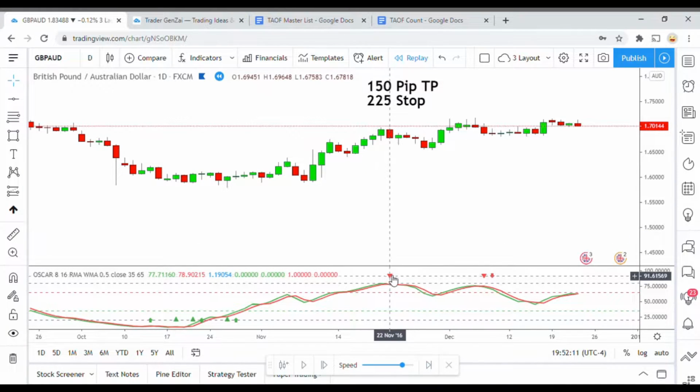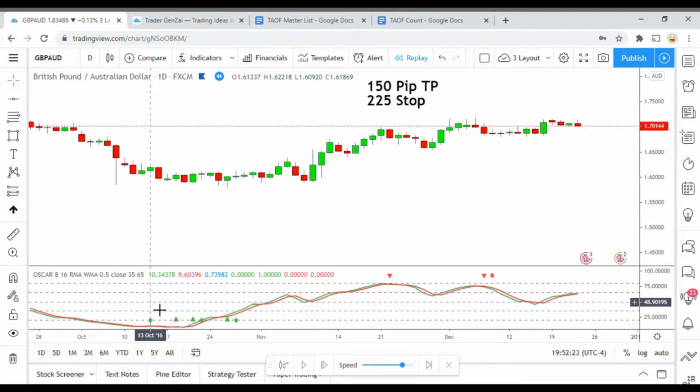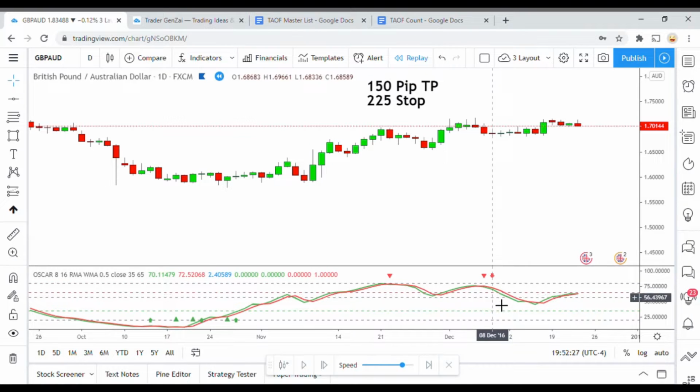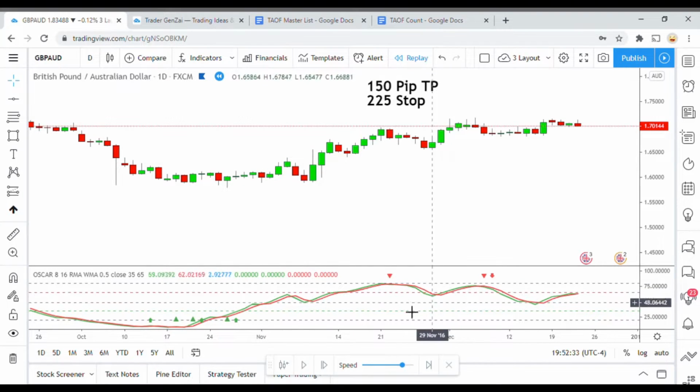Now, the triangles are where the two lines cross, and the arrow is kind of an optimal position for us to take a trade, whether it be long or short.